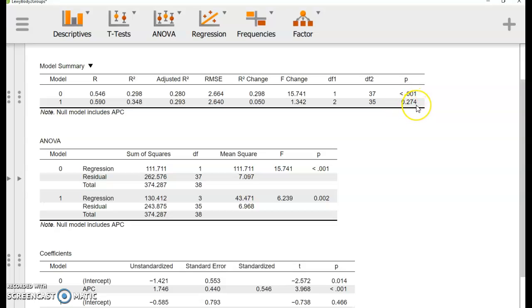So the p-value is 0.274. What this tells us is that, yes, maybe we get a tiny little bit of extra predictive power by adding in the interaction and indicator, but it's not a statistically significant amount, and the fact that it makes the model much more complicated would probably leave us concluding that we should just go with the original model that only has APC in it and just do a single regression line, which would end up being a simple linear regression actually.